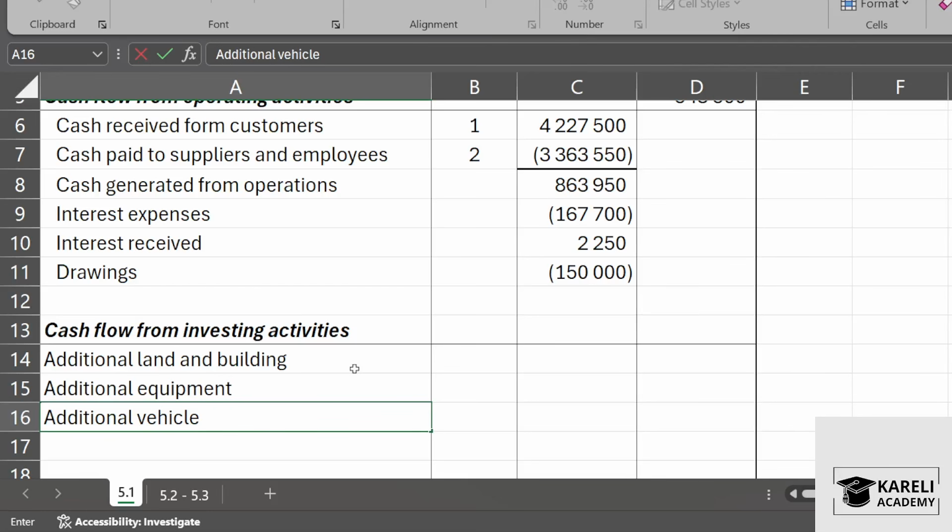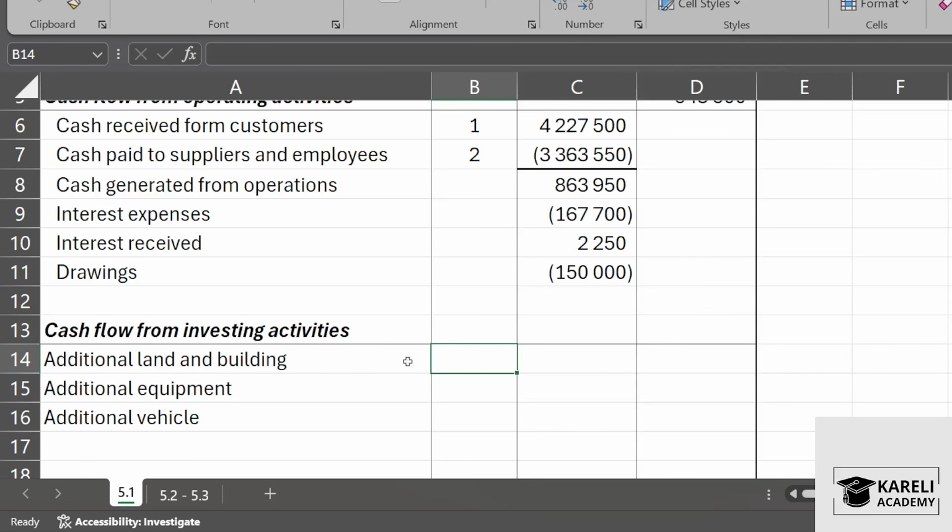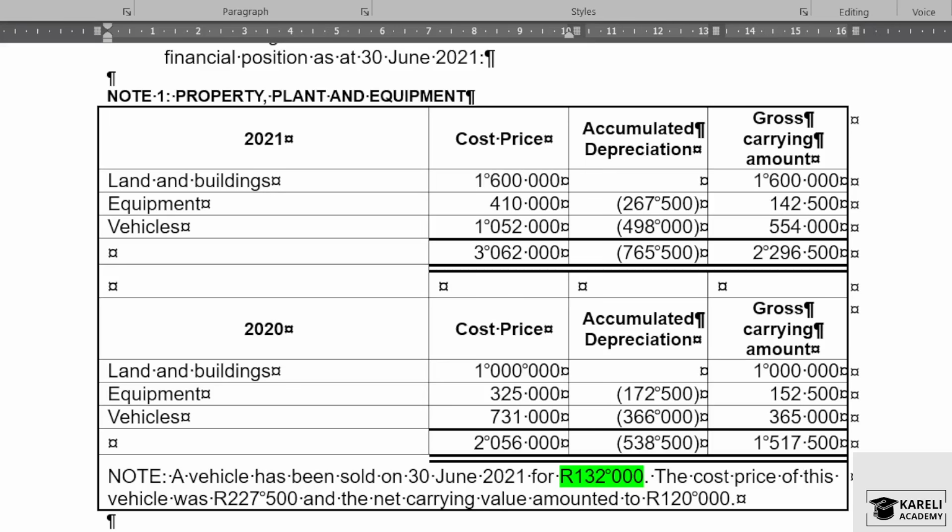Now, where do we get them? We go to our notes on the question paper. We must go to note number 1, the property, plant and equipment.